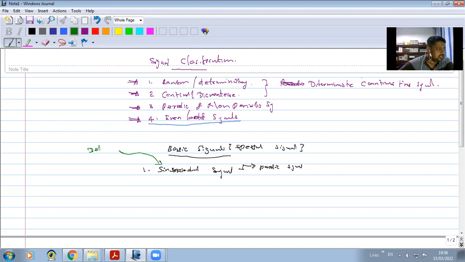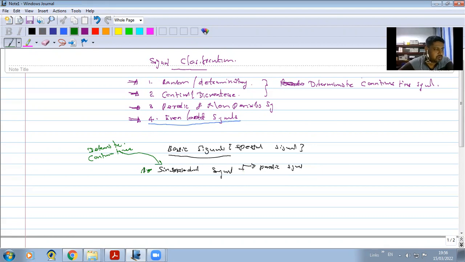Actually, we have learned about the deterministic continuous time sinusoidal signal. We have done a few examples also here. We have learned how to find the period of a sinusoidal signal.